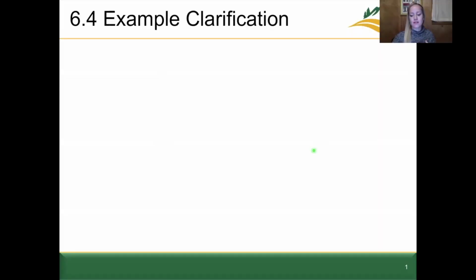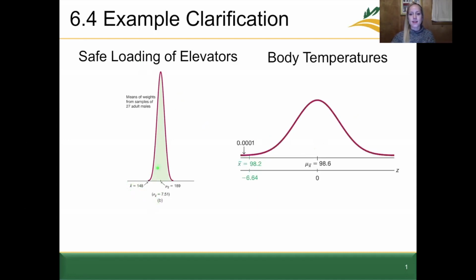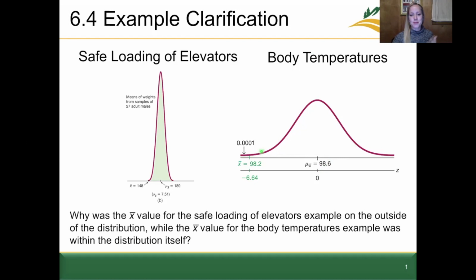We had these unique examples, where we had the safe loading of elevators, with a mean value, standard deviation value, and an x value. We also had this example for body temperatures, with a mean value, a standard deviation value, and an x value. Now I want to point out one difference here. You may have recognized this.